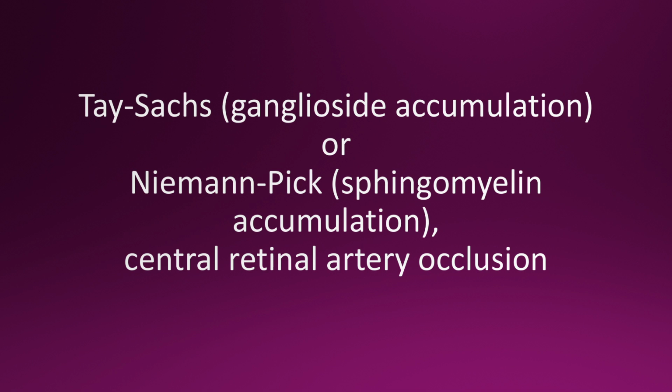In Tay-Sachs disease, we have the deficiency of the enzyme hexosaminidase A and the accumulation of GM2 ganglioside, while in Niemann-Pick disease, we have the deficiency of the enzyme sphingomyelinase and the accumulation of sphingomyelin, and both of these are autosomal recessive diseases. Moving on to our next flashcard.